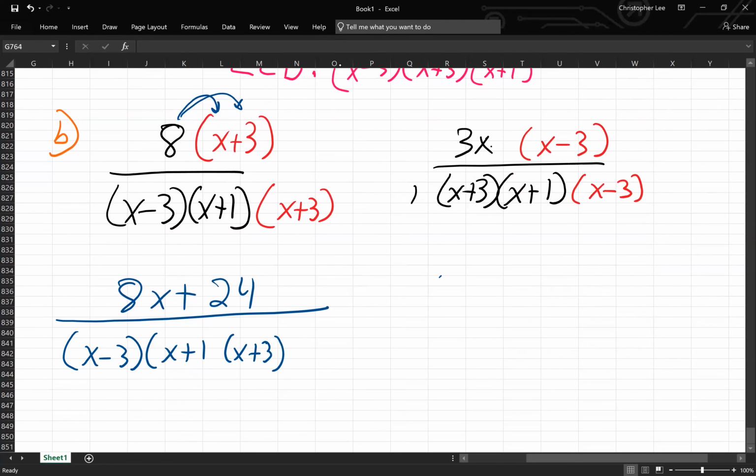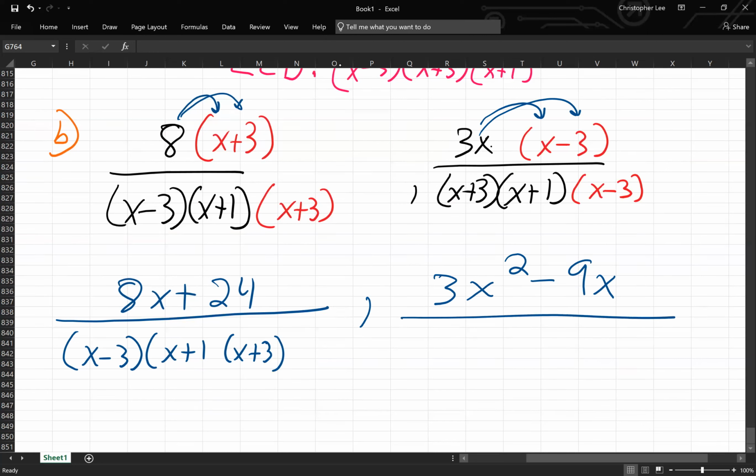So what do I have? Distribute the 3x. I have 3x squared minus 9x, all over x plus 3, x plus 1, x minus 3. These are the equivalent fractions that they asked about.